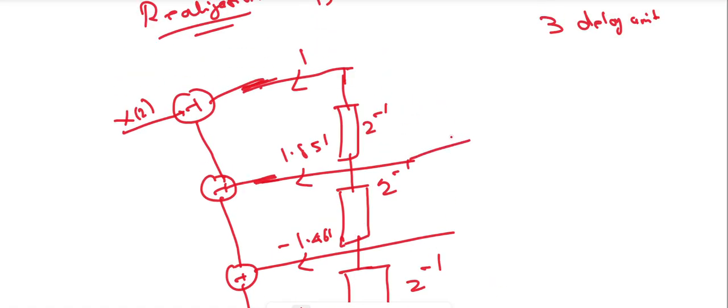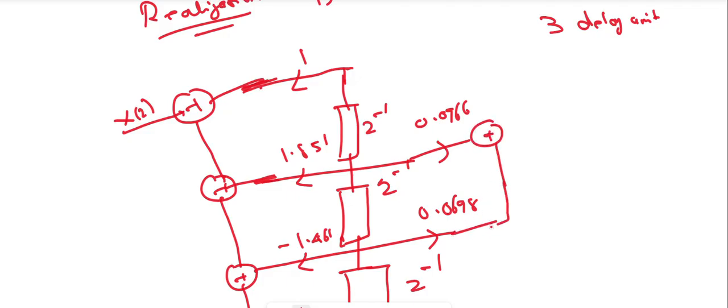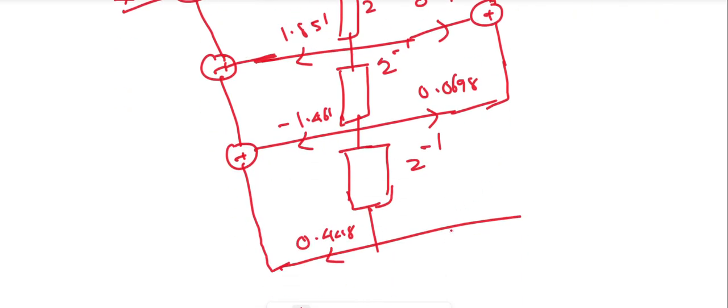So here the coefficients are 0.0966 and 0.0698. This is Y of Z. So this is the direct realization.